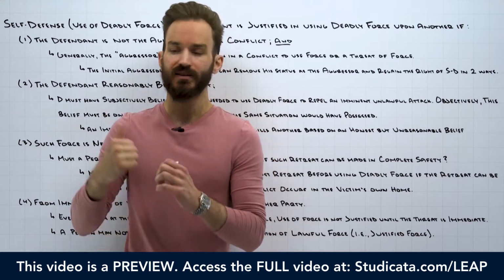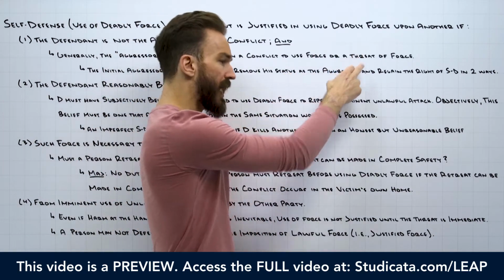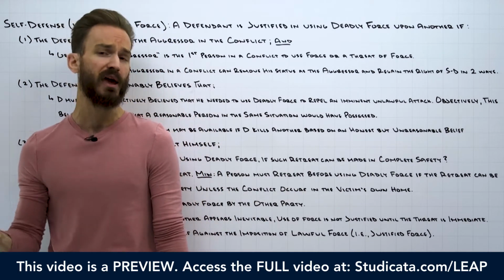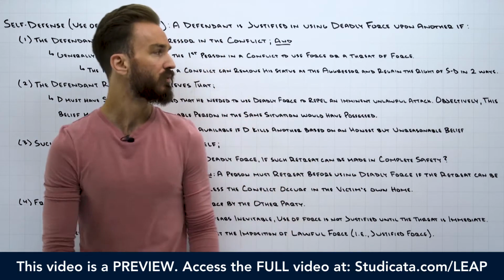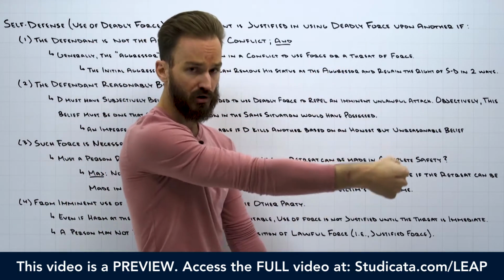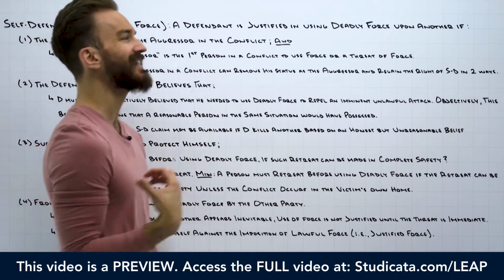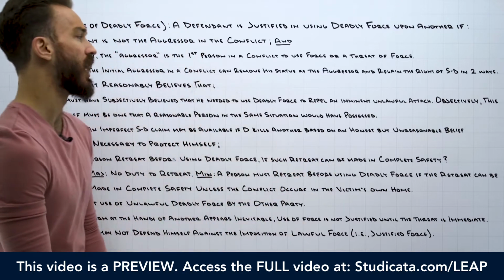We need to see something with those words along the lines of force or a threat of force, even if it's non-deadly force, right? Taking a balled up piece of paper, right, and beginning to threaten to throw this at somebody, well, that's where we get to a threat of force. Now that person is the aggressor. We know the aggressor cannot claim self-defense if something ends up happening in the conflict.